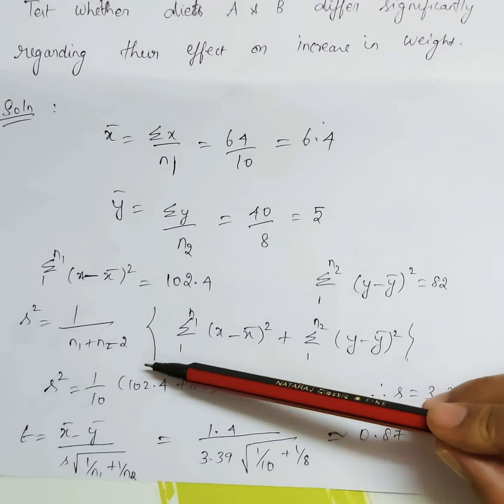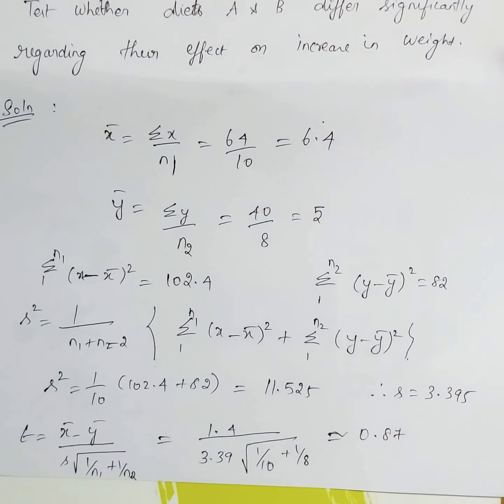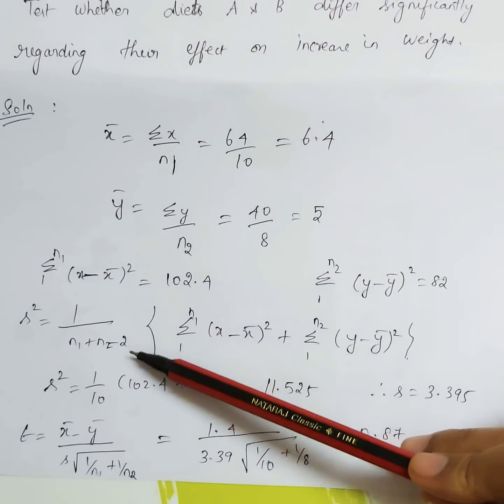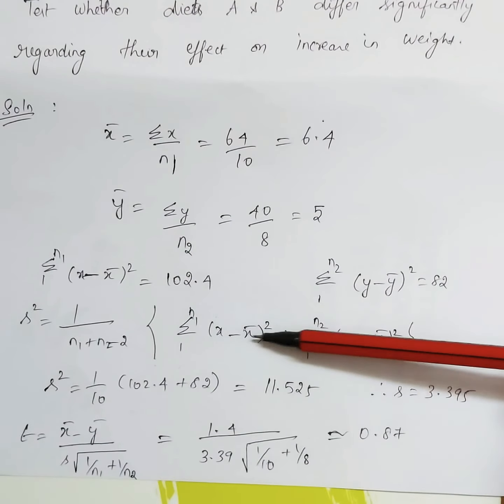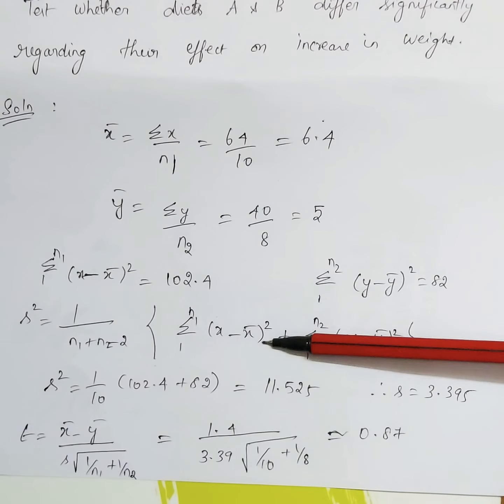So 1 by n1 plus n2 minus 2. n1 is 10 boys in the first one, and n2 is 8. 10 plus 8 minus 2, into summation of x minus x bar. So each x value we will write like the same as the first problem.